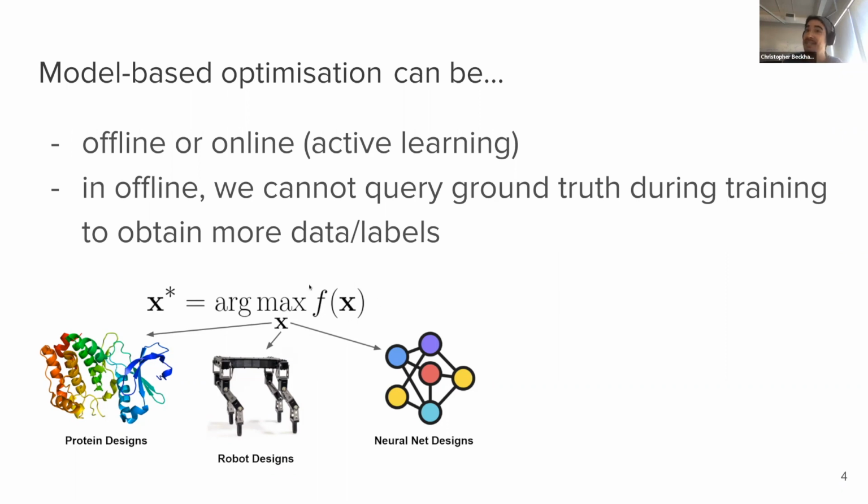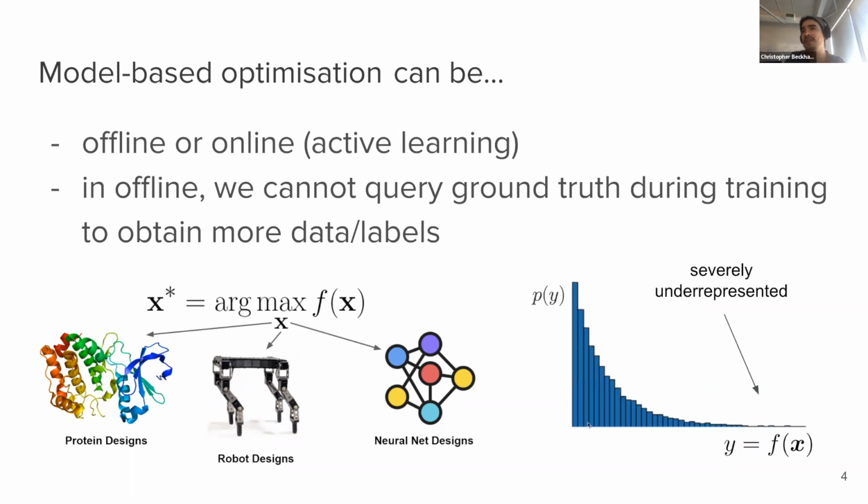So we mean executing this real-world process. In the online form, we assume there's a feedback loop where, during training, we can have a human in the loop to get more labels, but we're not going to assume that here. It's just going to be offline, where we just have a data set of inputs and outputs.